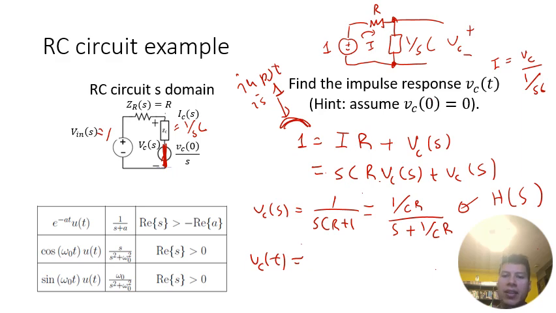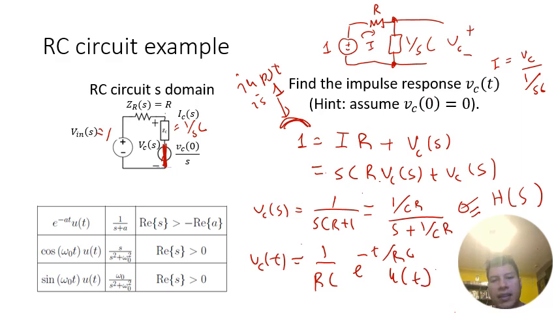And additionally, we can get the impulse response by taking the inverse Laplace, which is just going to be 1 over RC e to the negative t over RC u(t). And that's it. That's our impulse response for this circuit.